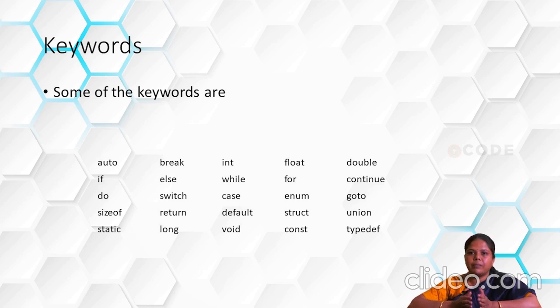We are going to list all the keywords in the next slide. Just for introduction, I am giving you one keyword, int. That is a keyword. We can use that keyword to represent an integer value. The functionality requirement is to represent the integer value. For that functionality, we can use the keyword int, not for any other purpose.